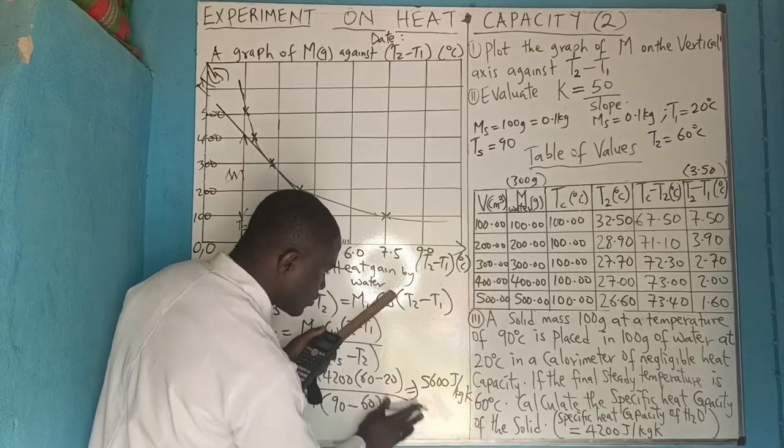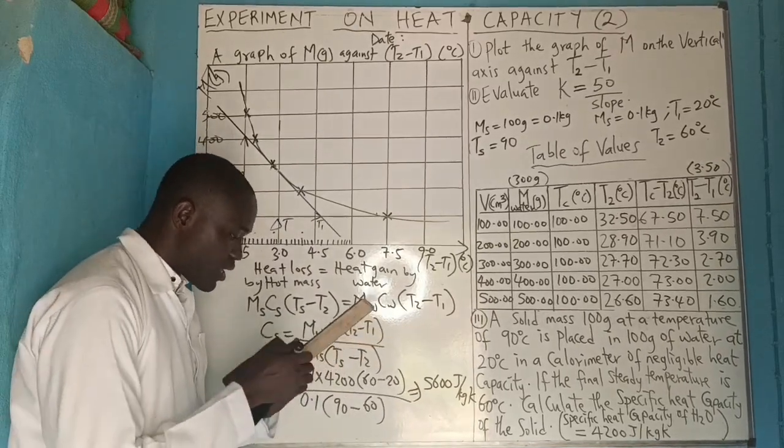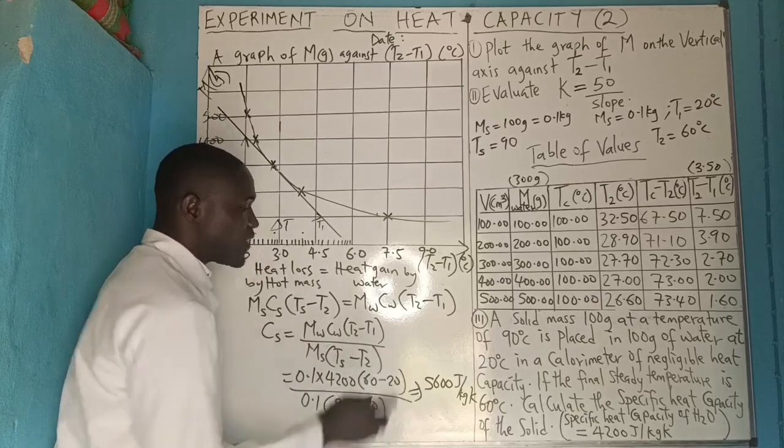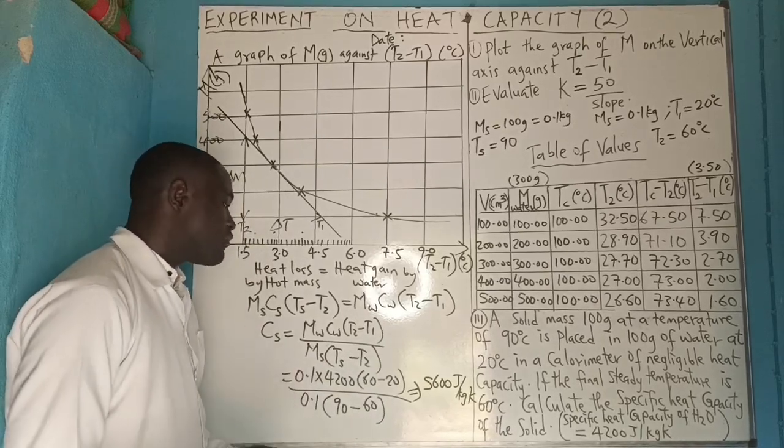No more conversions, it's already in kilogram per Kelvin. So you can say 5.6 times 10 raised to power 3 joule per kilogram per Kelvin.